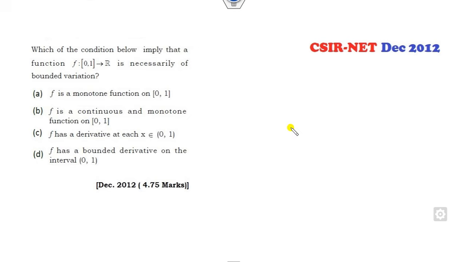Look at this another one. Which of the following conditions implies the function is necessarily a bounded variation? Now look at that. f is a monotonic function. f is said to be bounded variation if f is bounded plus monotonic, not only a single bounded. Fine. So what can you say about that? How can you prove that it's bounded? Monotonic is given. f is defined on the closed interval.